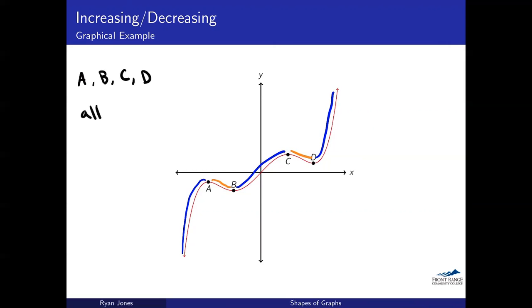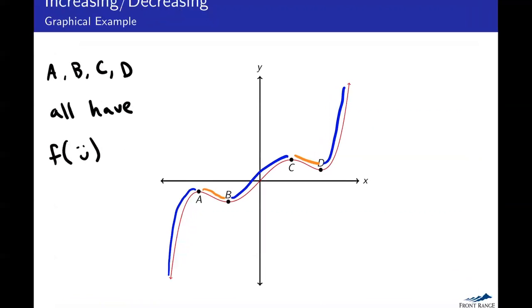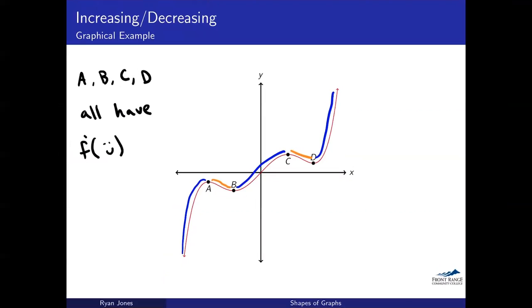It's that f of A, f of B, f of C, f of D, if I take a derivative of that, I get 0. Basically, this is just my complicated way of saying, hey, the slope is 0 at A, B, C, and D.